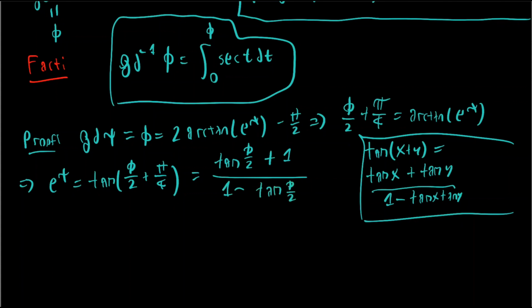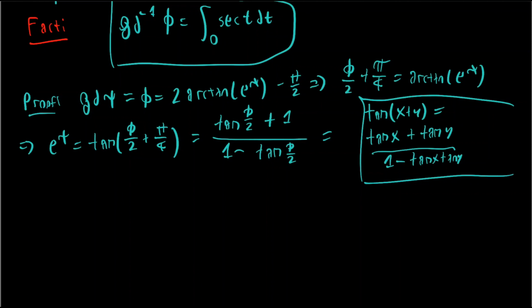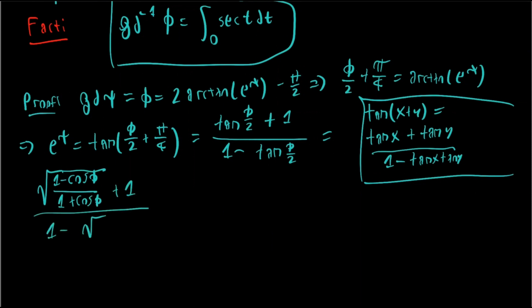And here we'll use another identity, in particular the half angle identity for the tangent, and by substituting that in here we get the square root of 1 minus the cosine of phi over 1 plus the cosine of phi, plus 1, over 1 minus the square root of 1 minus the cosine of phi over 1 plus the cosine of phi.